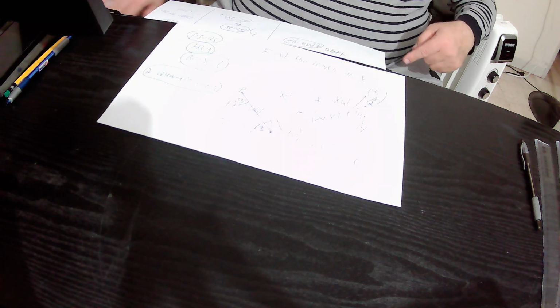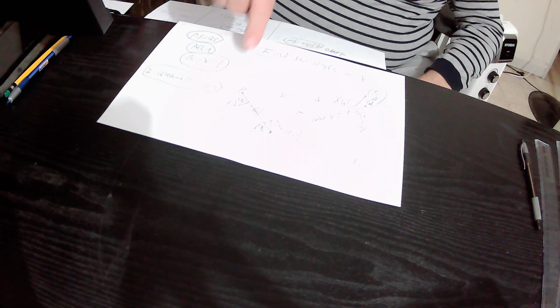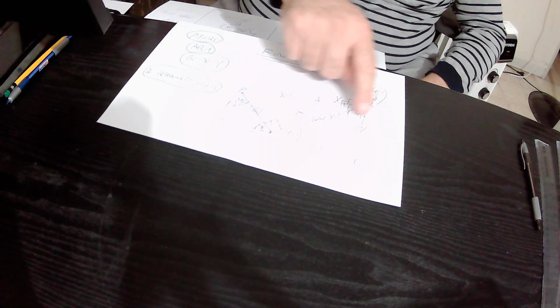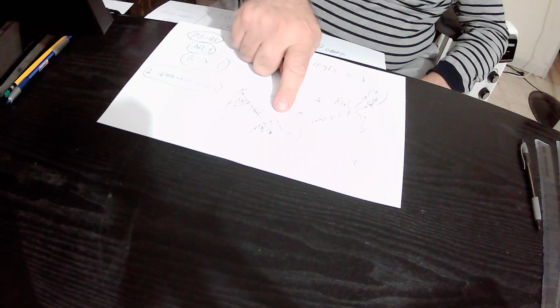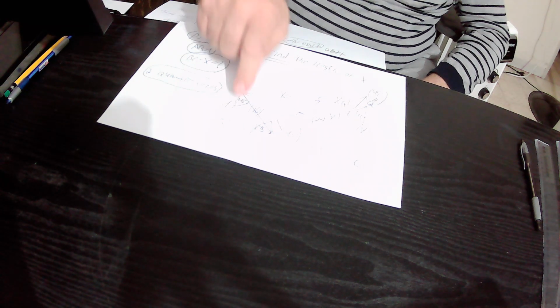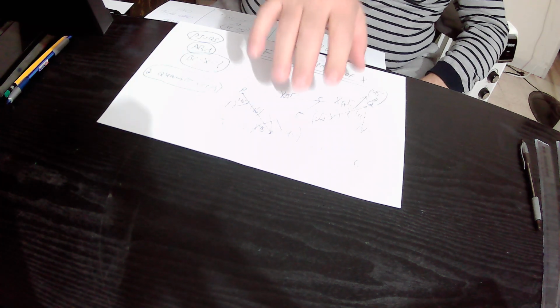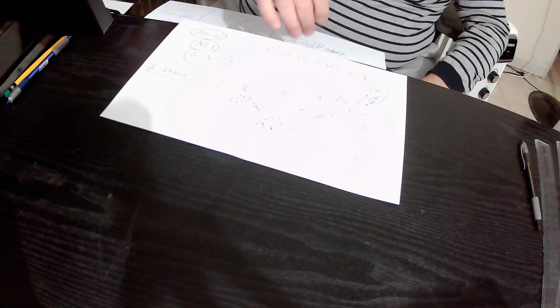Then I copied the right triangle PBQ. If this angle equals 90 degrees, it means the triangle PBQ is a right triangle. So I copied the right triangle PBQ in a new page, and we blocked this right triangle PBQ by a circle. You know that any triangle can be blocked by a circle.